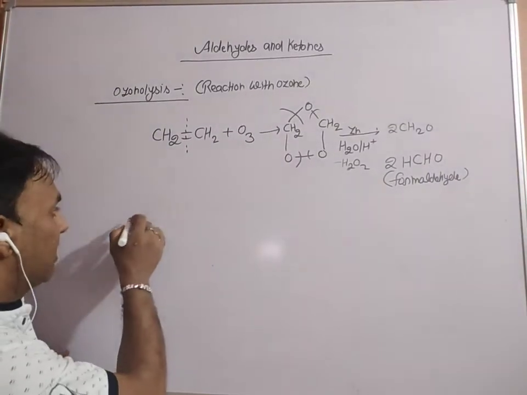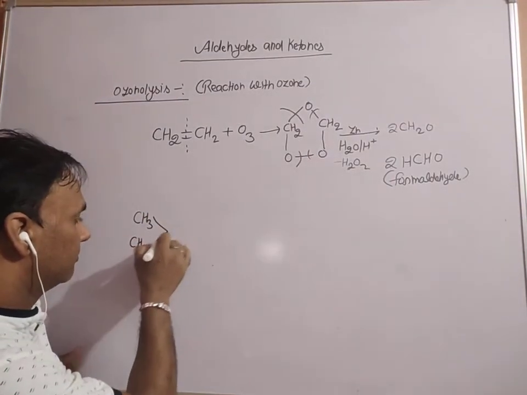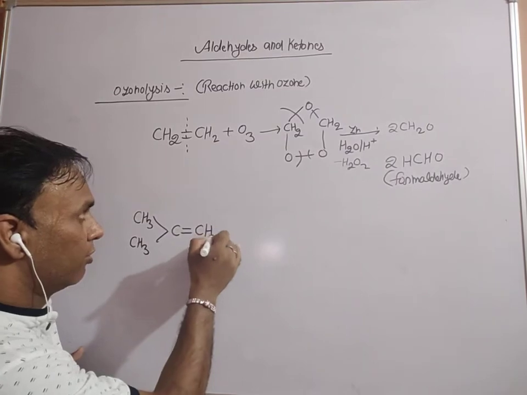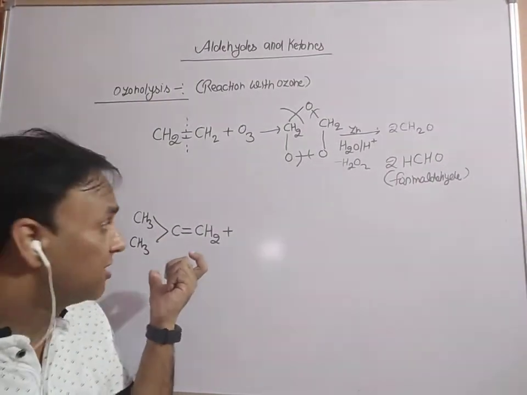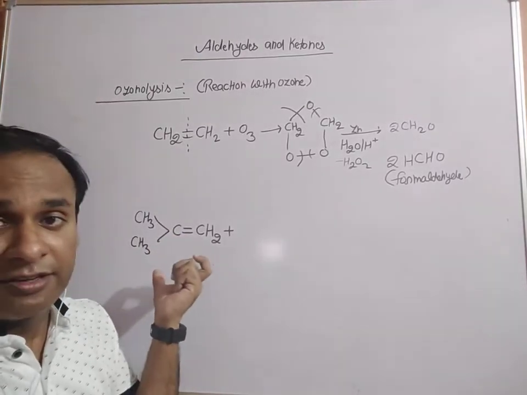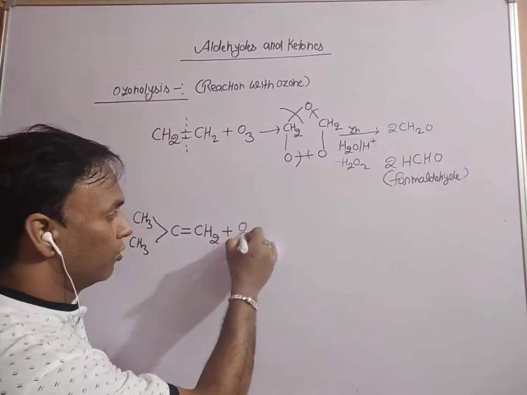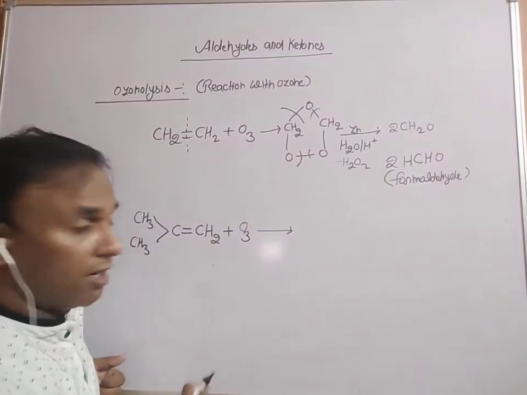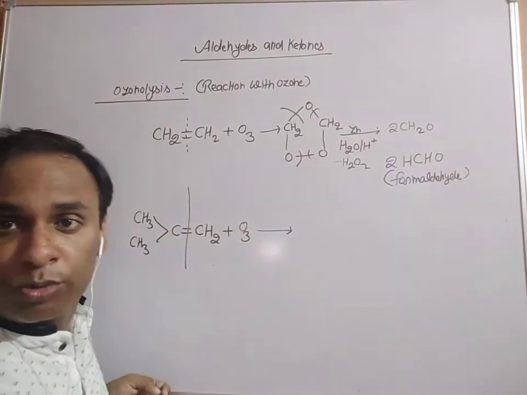Suppose this alkene is given: CH3, C double bond CH2. You have to ozonolyze this alkene. Clear? This means the alkene is reacted with ozone. I already discussed that in the presence of ozone, the double bond gets decomposed.